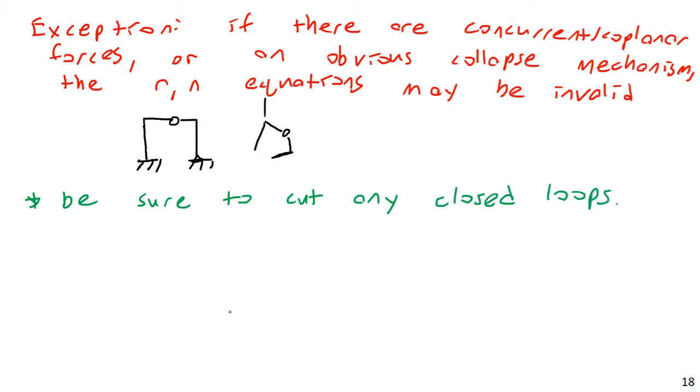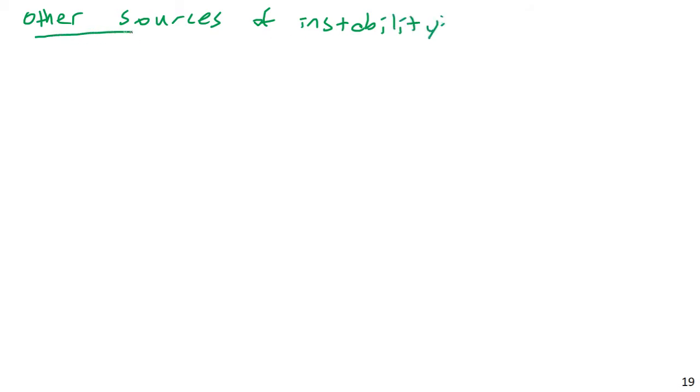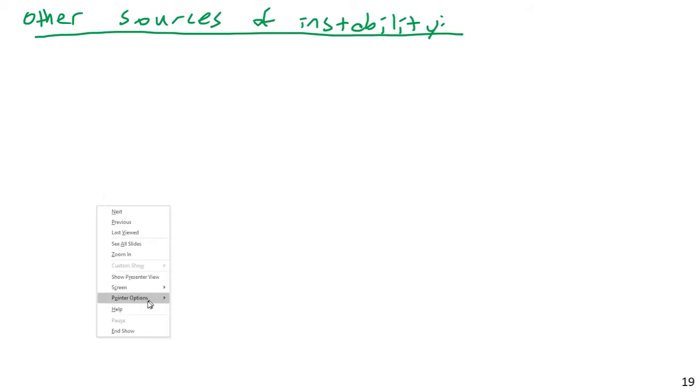So let's look at some other sources of instability. We have a few, and we've already alluded to them before. These come from coplanar or parallel reaction forces.